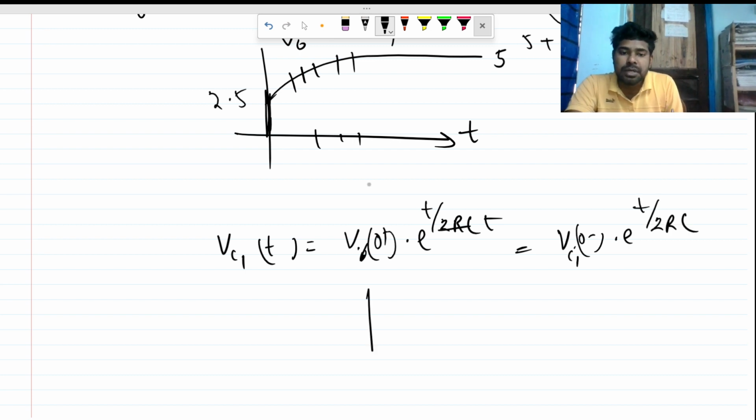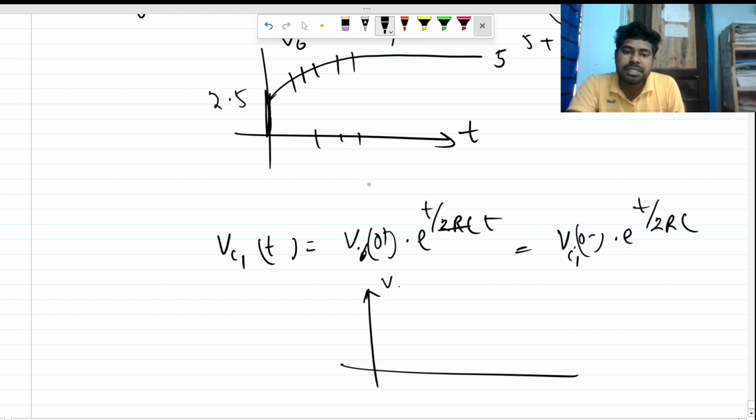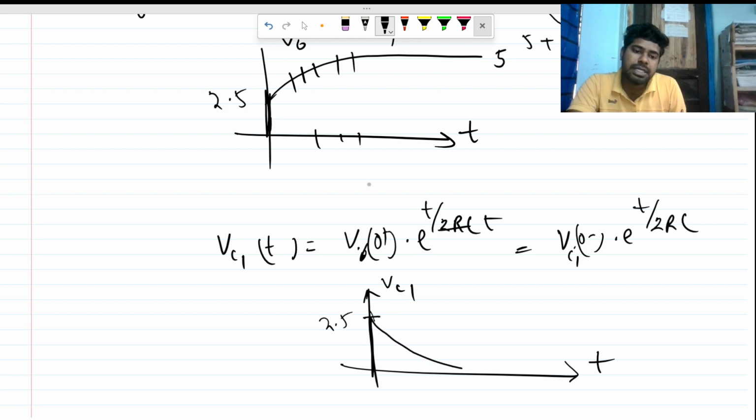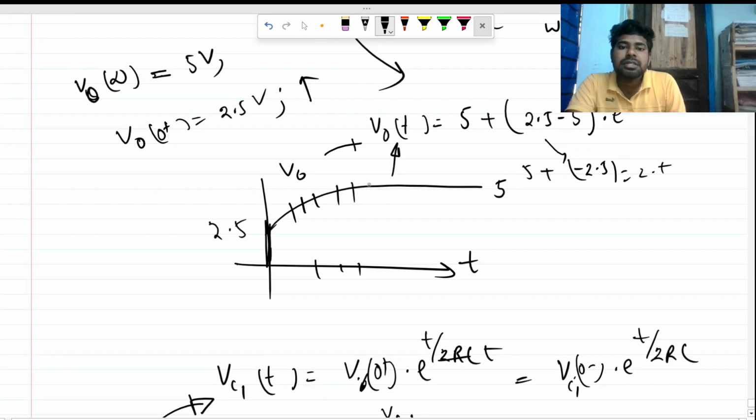This is how you can find the potential at Vc1 at any time instant. It will jump to 2.5 volt and finally decay exponentially to 0 volt. Basically this is the discharging equation of a capacitor and the earlier one is the charging equation of a capacitor. So you need to remember this.